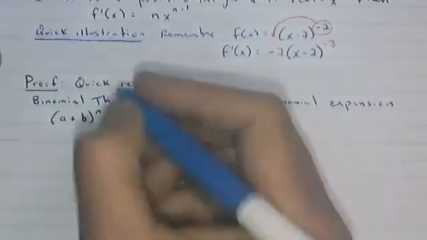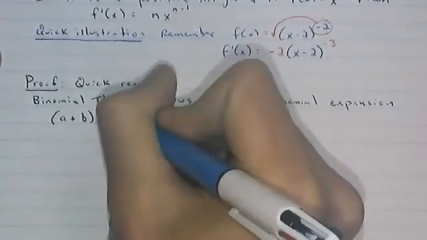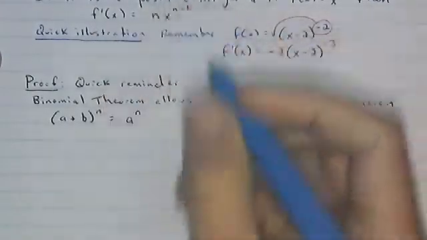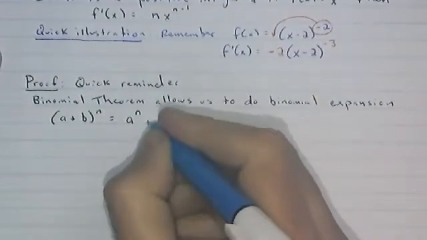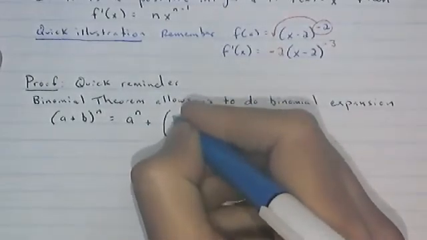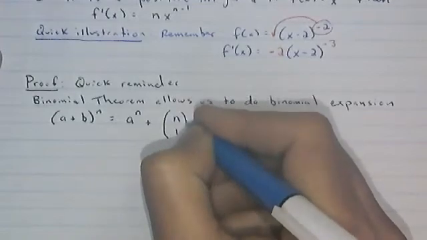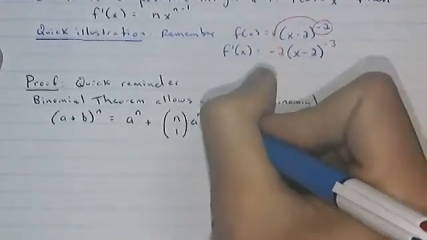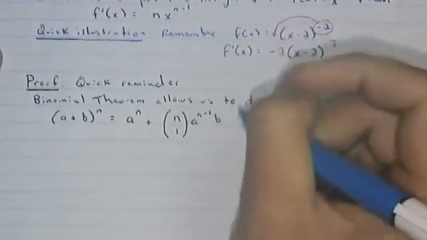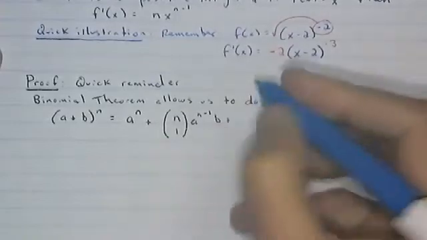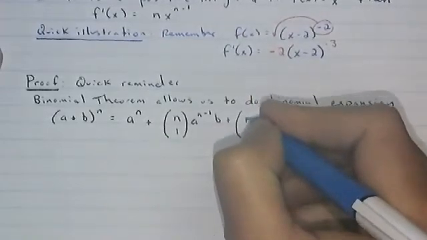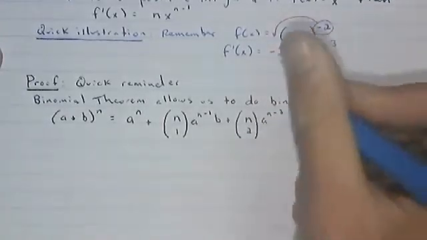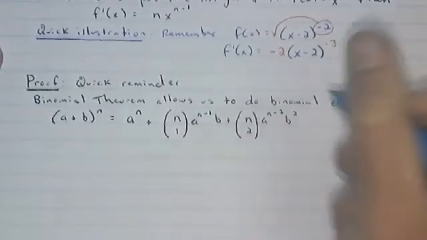And so the formula says this will be equal to a to the n plus n choose 1 times a to the n minus 1 times b plus n choose 2, a to the n minus 2 times b squared.